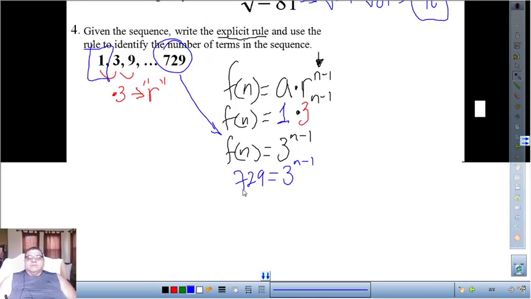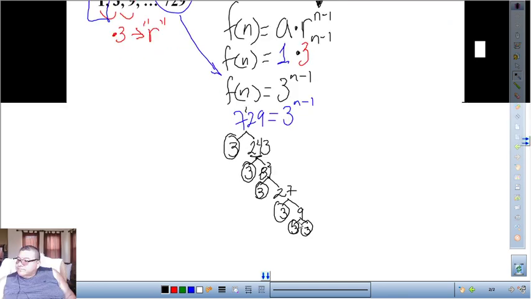Well, that means we need to rewrite this number to the same base as this one so that we can see that the exponents match, or see what the exponent is going to be on this side with the same base. So we're going to do a factor tree here using base 3. So 729 divided by 3. 3 goes into 7 2 times, carry 1. 3 goes in.